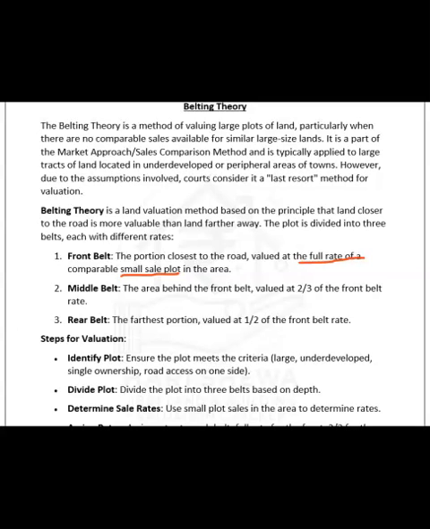Middle belt value will be taken two-third. I told 1.5D depth area, 1.5D depth multiplied by width, whatever width will come, that rate will be two-third of similar plot rate, the front belt rate. Rear belt, the farther portion, value as half of the front belt.